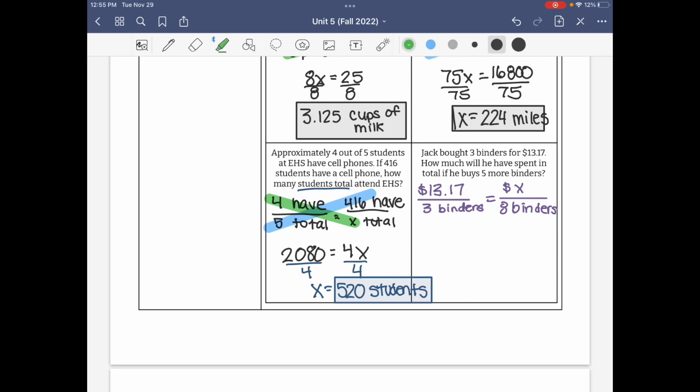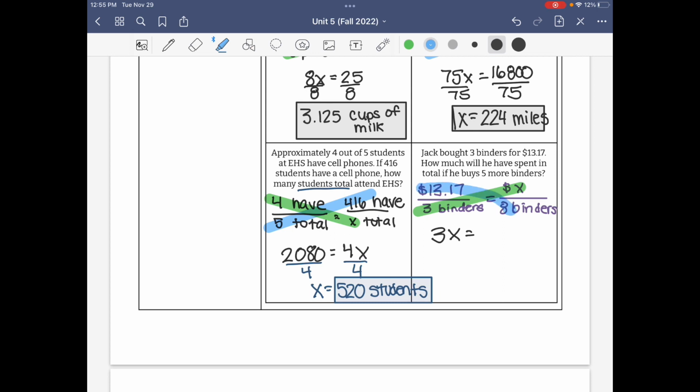Then I'm going to cross multiply. 3 times x is going to be 3x equals 1317 times 8.